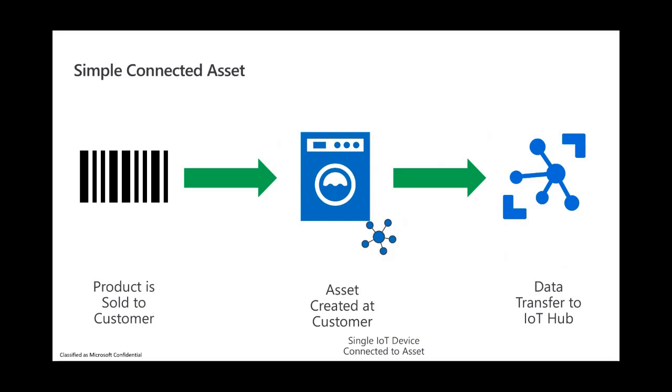So once that product is sold to the customer and the installation is completed via a work order, through Dynamics 365 Field Service, work order products can be automatically converted into customer assets for documentation and understanding of what assets are assigned to that customer and what locations they're present at, so that we can look forward in the future in how we can service them better. Once that asset is created at the customer and connected to our IoT hub, data starts to transfer immediately.